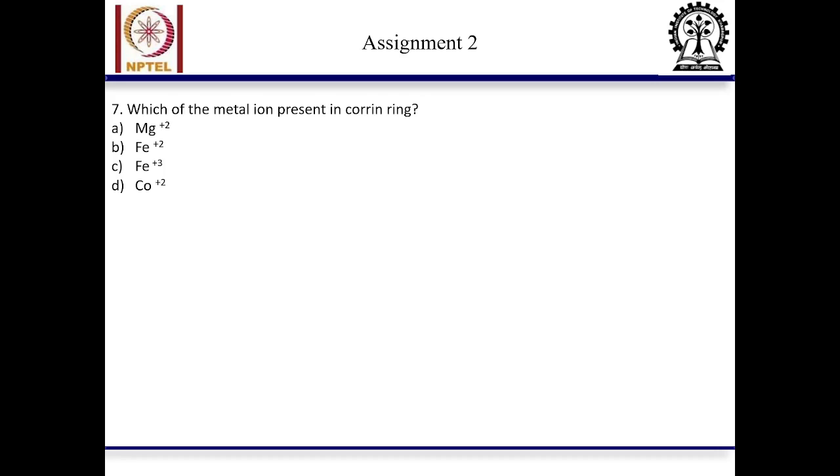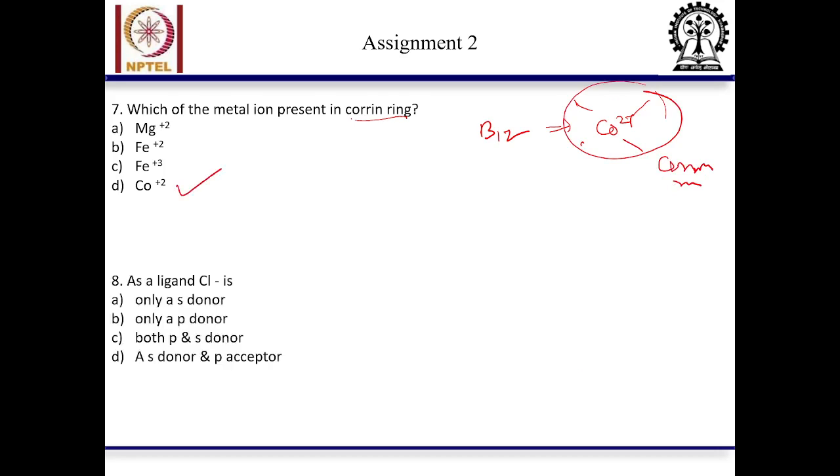Can anyone just tell quickly? Correct. So this corrin ring is present in B12. B12 basically has cobalt 2 plus in the center, and then we have the corrin ring. Correct. So that's it.